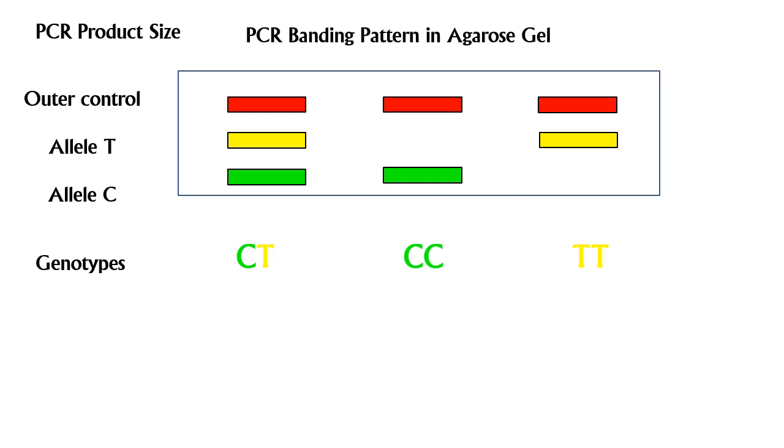So this is how we analyze and interpret the results obtained from ARMS PCR on an agarose gel. We should keep a record of these results after we perform electrophoresis.